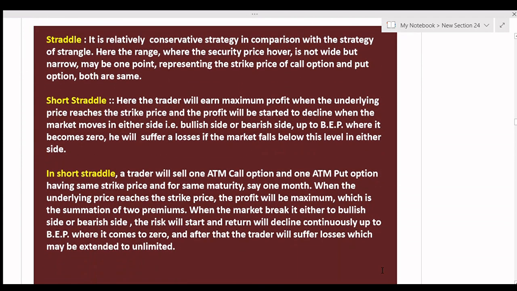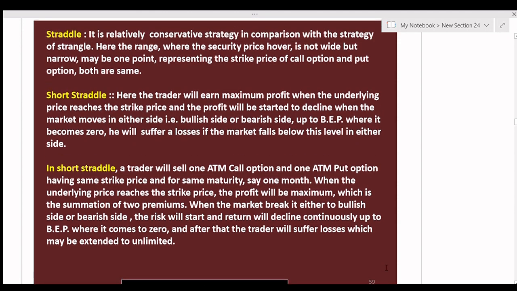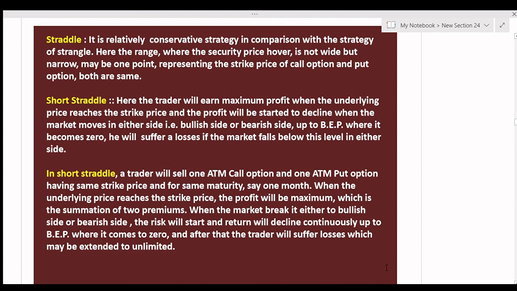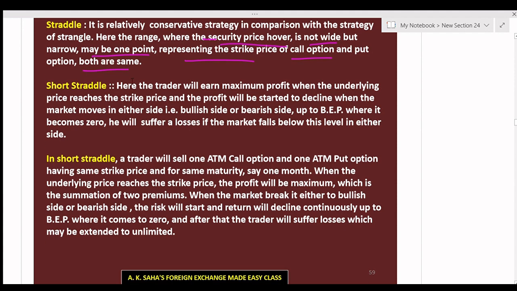Now comes straddle. Straddle is a relatively conservative strategy in comparison with the strategy of strangle. Here the range where the security price hovers is not wide but narrow, maybe 1 point, representing the strike price of call option and put option, both are same. You see the diagram here.